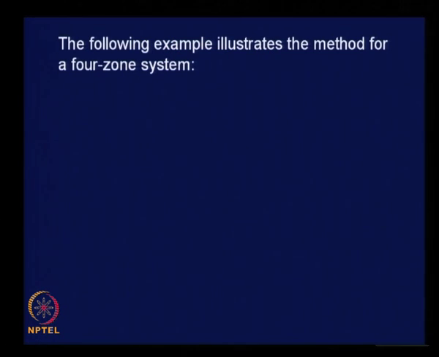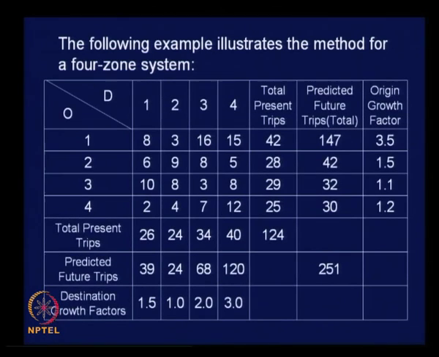We will straight away take an example and see how the Furness method is applied for distributing horizon year trips. This is the example. Origin and destination information pertaining to 4 traffic zones are given here, and please note that the symmetry constraint is not introduced here.